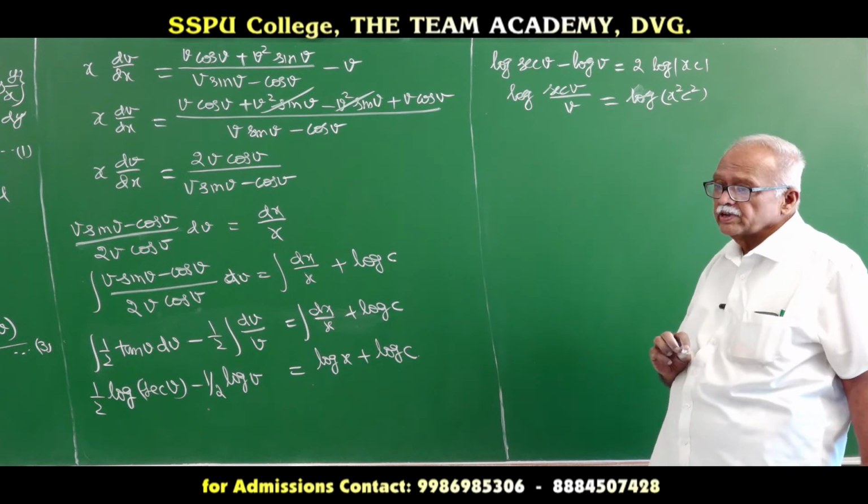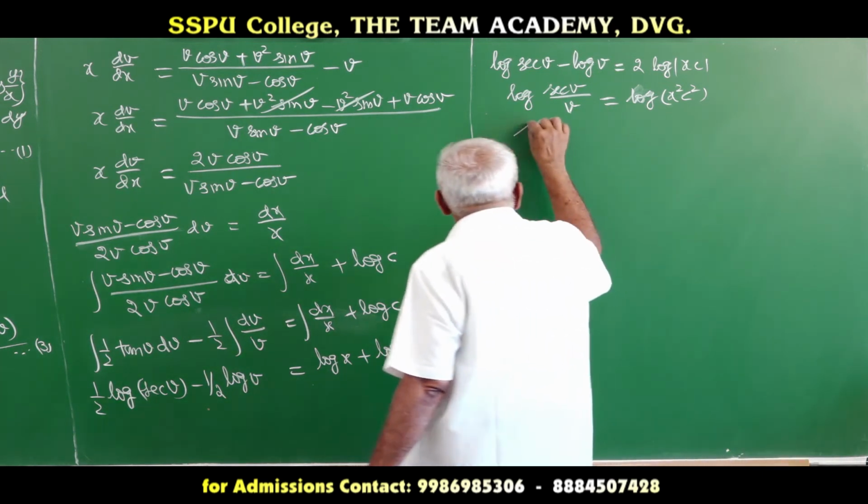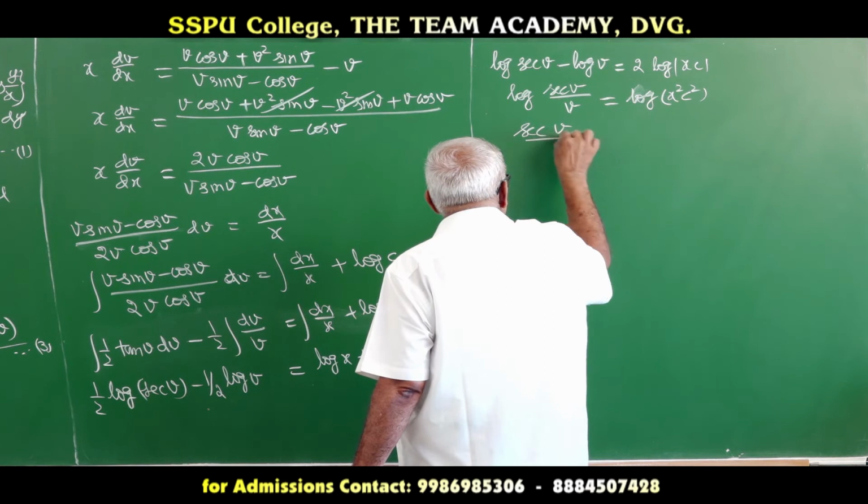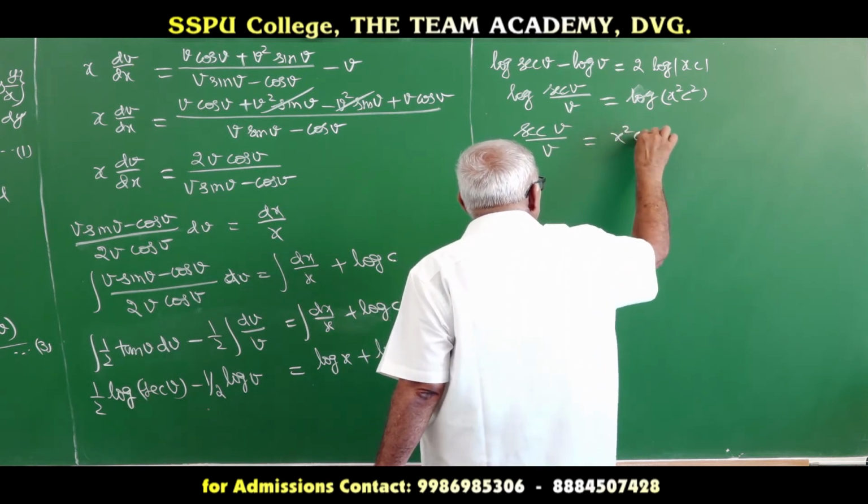Now, logarithms can be cancelled. What is the answer here? Secant v by v is equal to x square c square.